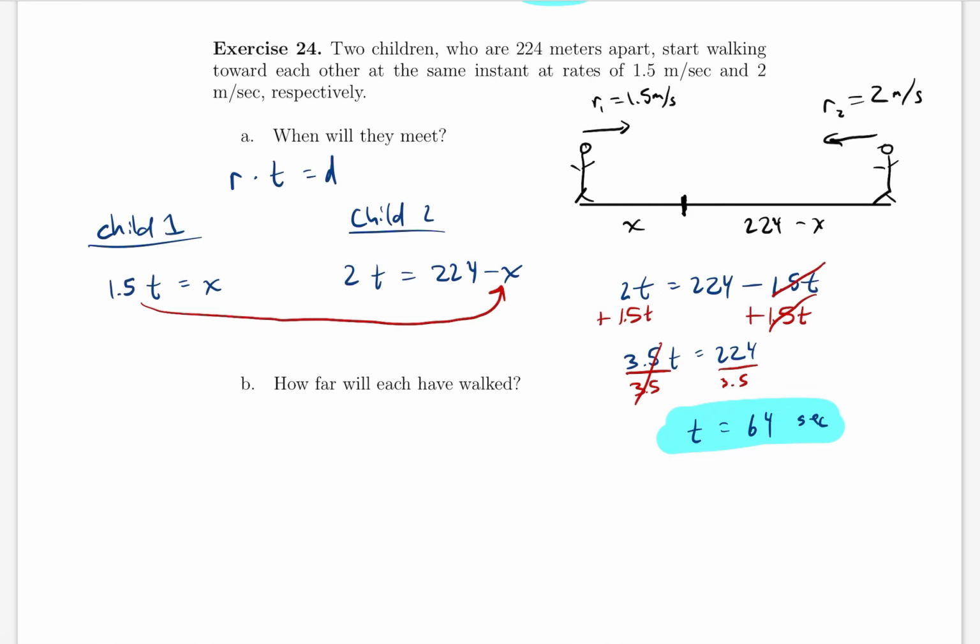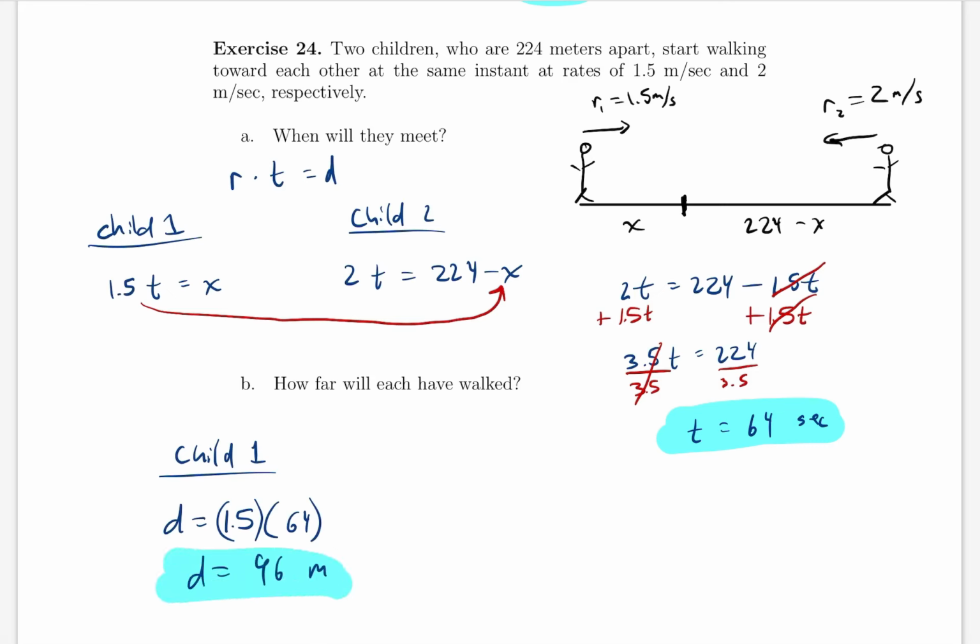How far will each have walked? Well, we can figure that out by just plugging in the time here for child 1 and plugging in the time here for child 2. All right, so let's start with child 1. Rate times time is equal to the distance. So for child 1, the distance is going to be rate times time, which is 96 meters.